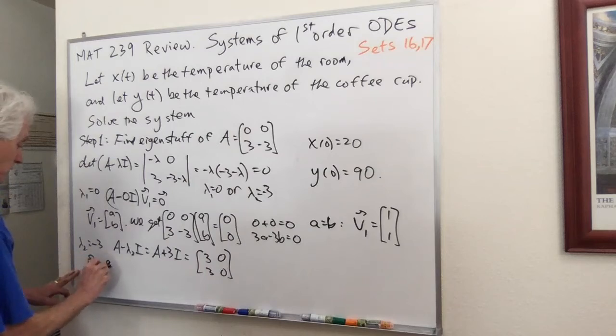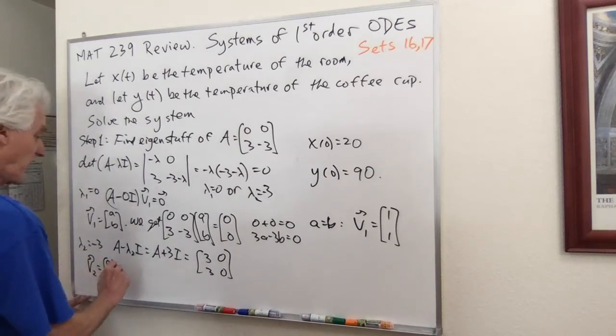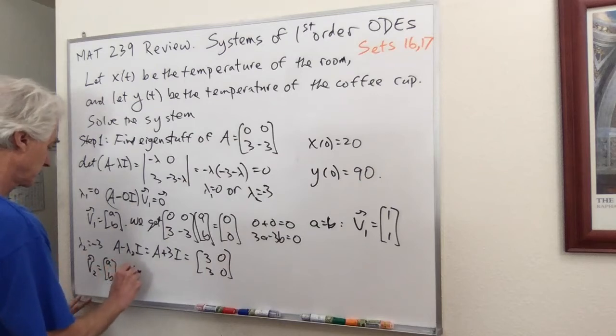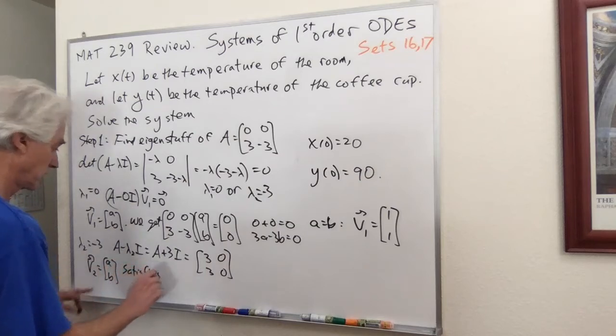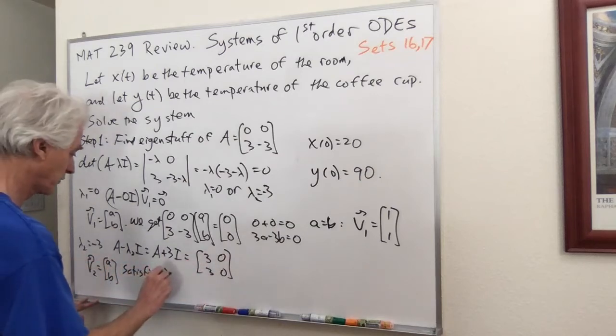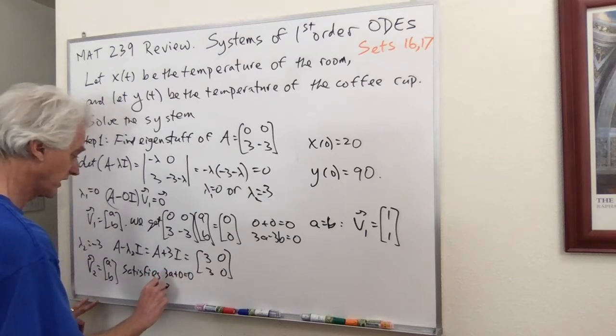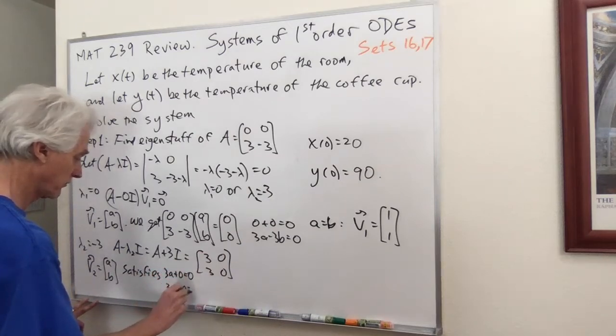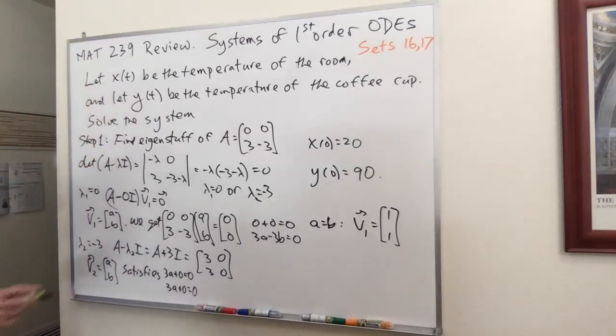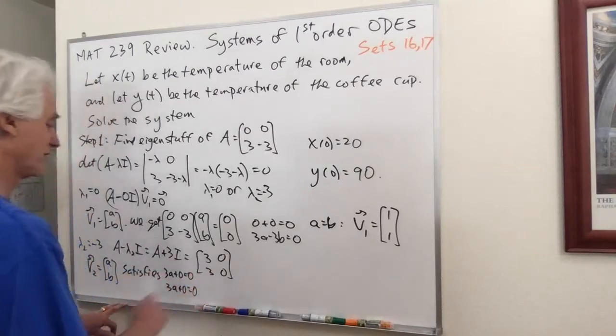V2 equals (a, b) satisfies, well, if I multiply that, I get 3a plus 0 is 0, and I also get 3a plus 0 is 0. So basically, a is 0.